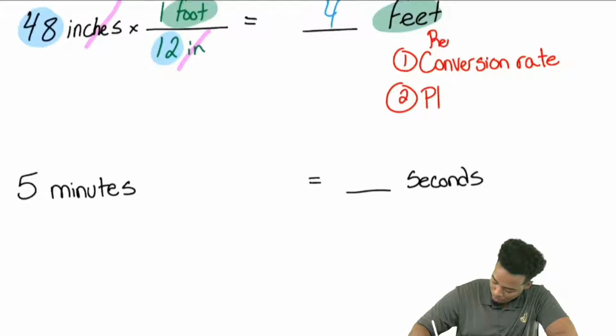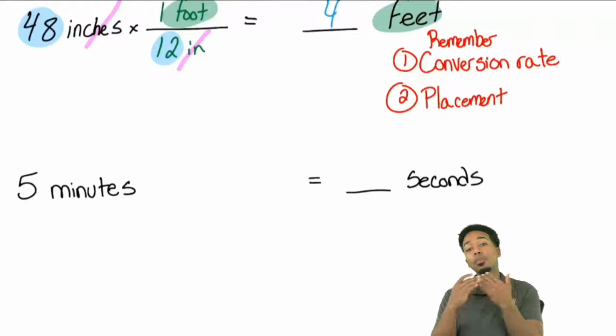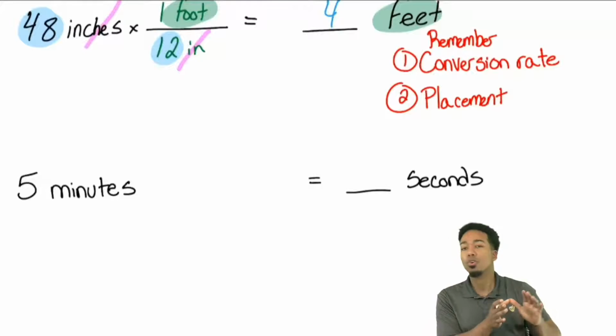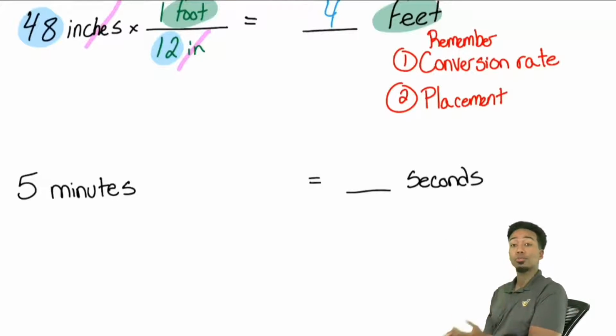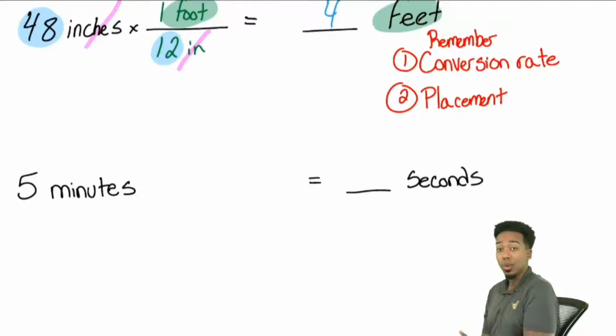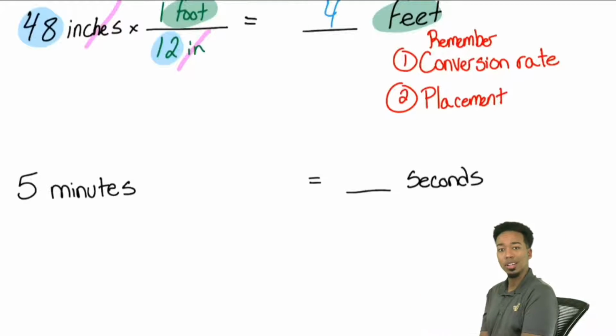So remember your conversion rate, and then worry about the placement, okay? What I mean by remember your conversion rate is just take a look at the unit you have and the unit you want. Okay, I have minutes, I want seconds.